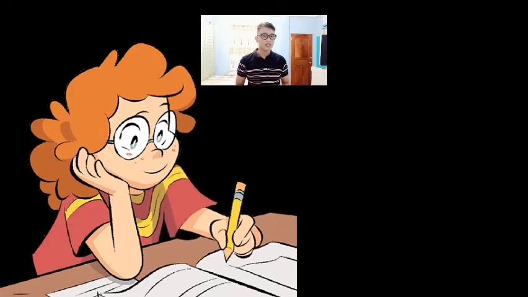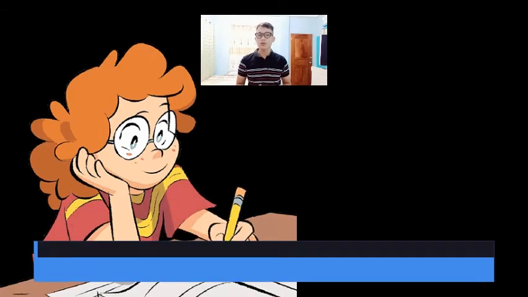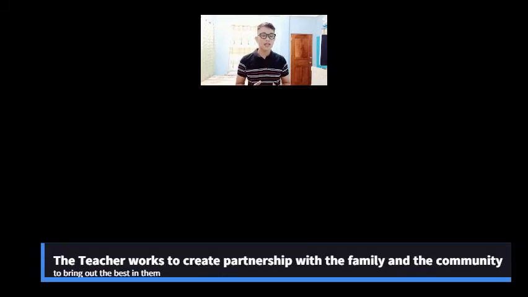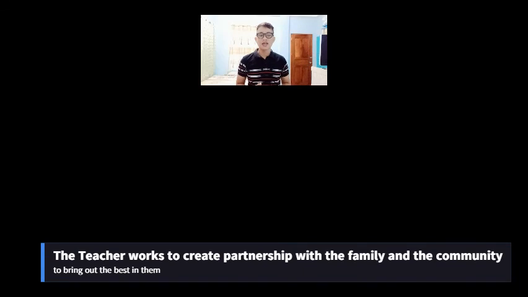The teacher's important role is not to replace what is missing at home, but to work so that the school may become an environment that welcomes and nurtures families. The teacher works to create partnership with the family and the community to bring out the best in them.